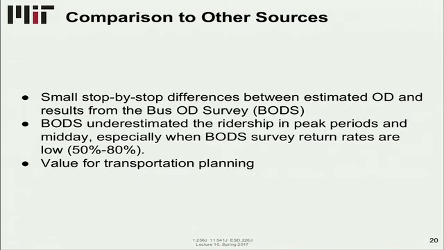So in the case of London, there was a comparison of the origins and destinations produced by this algorithm with the bus OD survey, which is a manual survey. And it compared favorably. One thing with bots, of course, it had the biases that a manual survey has. So it seems that bots underestimated ridership during the peak periods where it was maybe harder to count.